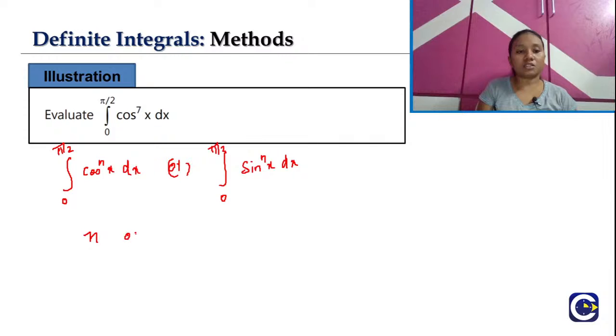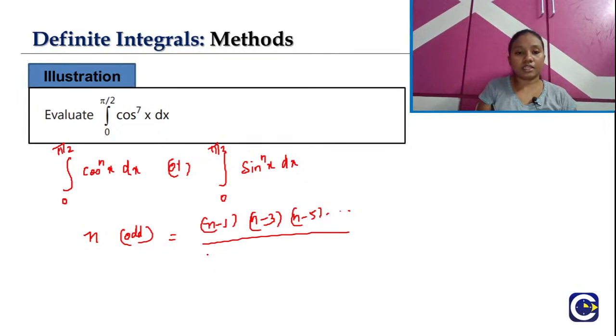If n is odd, then the formula will be n minus 1, n minus 3, n minus 5, and so on until we end with a positive value. And then in the denominator n minus 2, n minus 4, and so on. If it's odd, there will be no multiplication here.